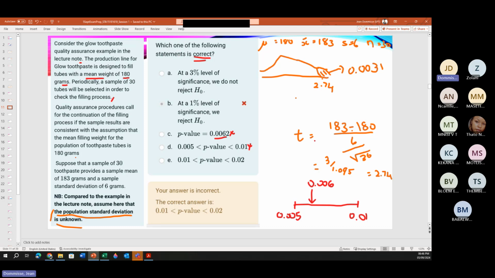So we are definitely missing something here. What are we missing? Hmm.